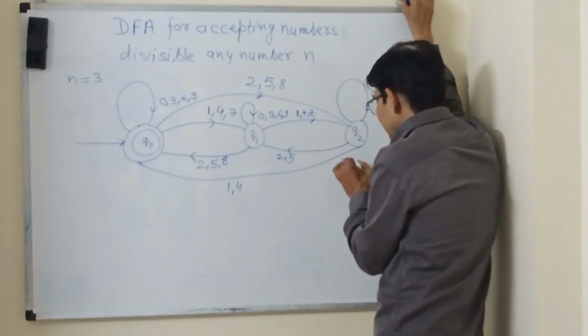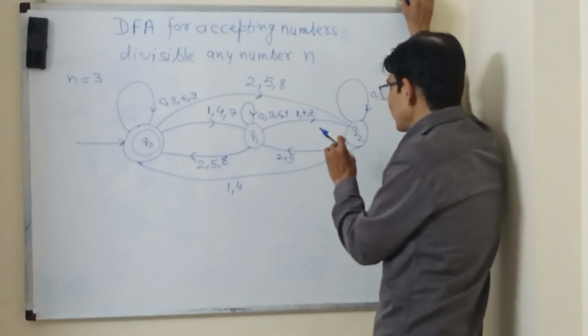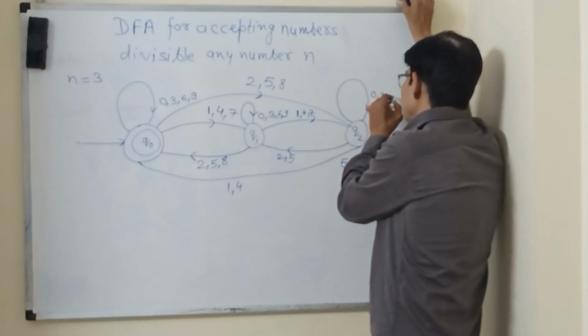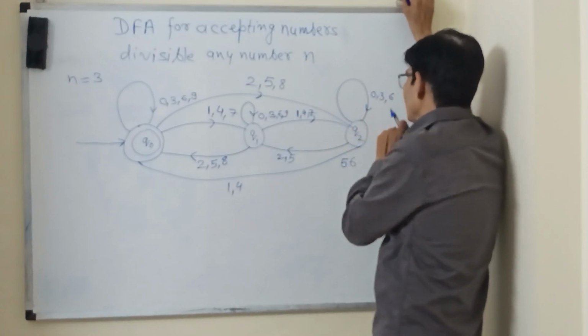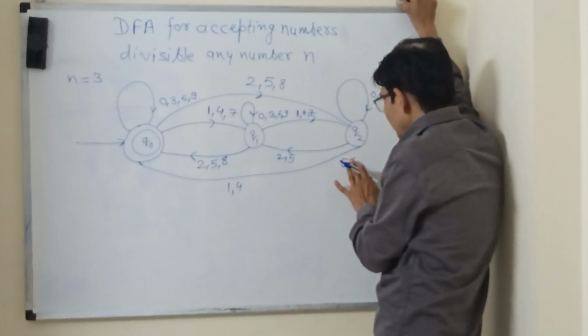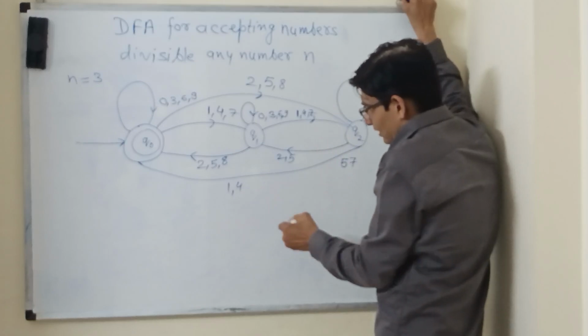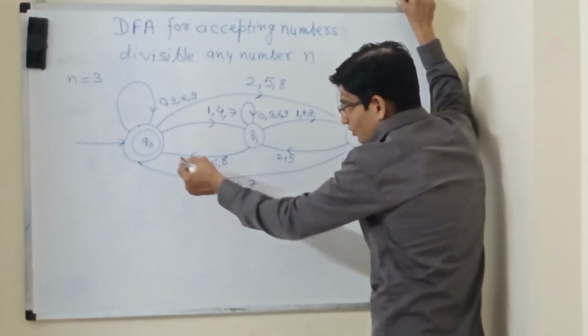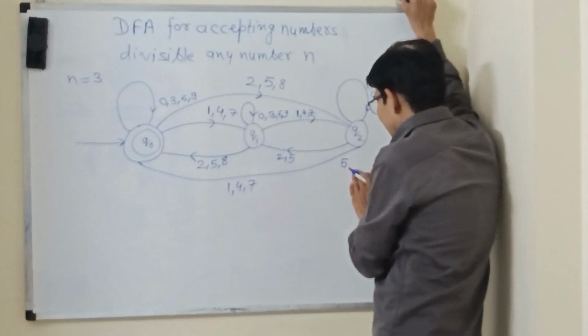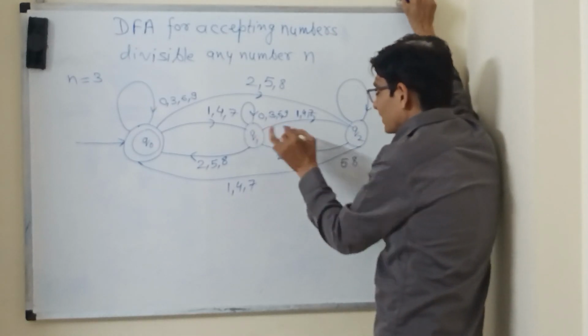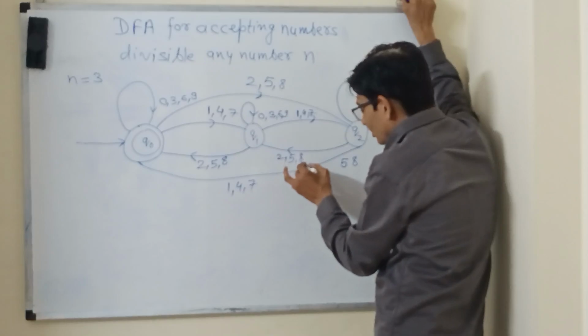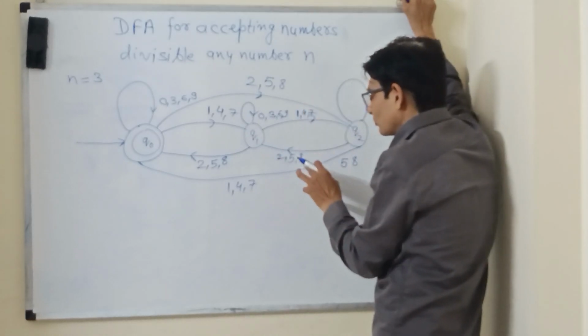On applying 6, it gives us remainder 2. So we can make one more transition here. Now on applying 7, it becomes divisible by 3. So we will reach Q0. On applying 8, it gives us remainder 1. So we can add one more symbol 8 on this transition.